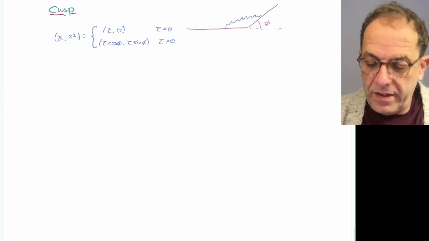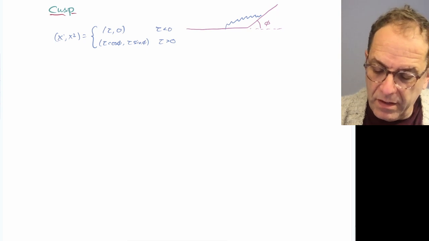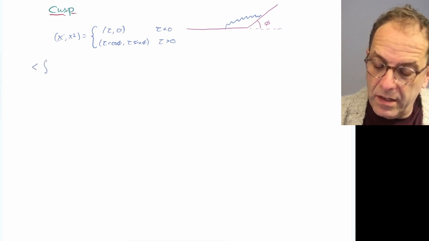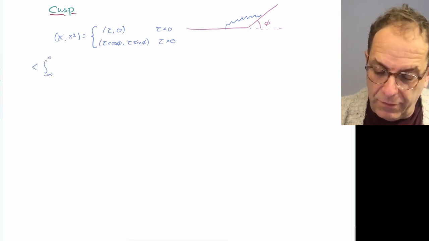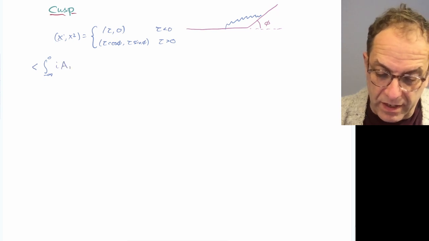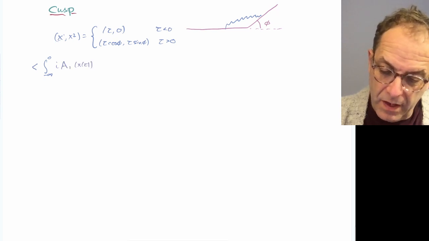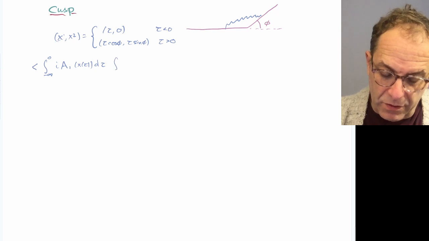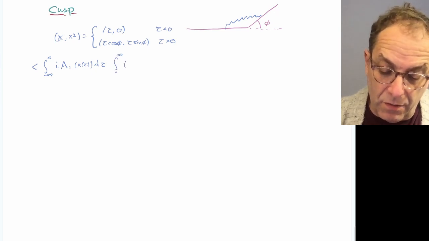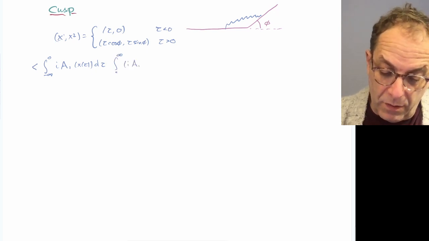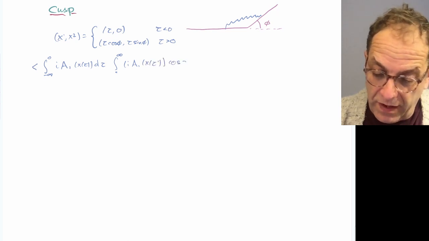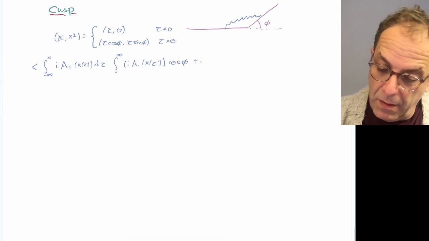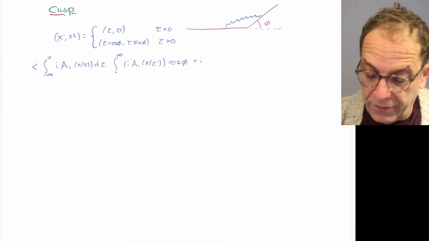So I now evaluate the propagator between the two rays. The propagator between a ray and itself will not give anything interesting. So we have the integral from minus infinity to 0 of a1, and then the integral from 0 to infinity of a1 cosine phi plus a2 sine phi.